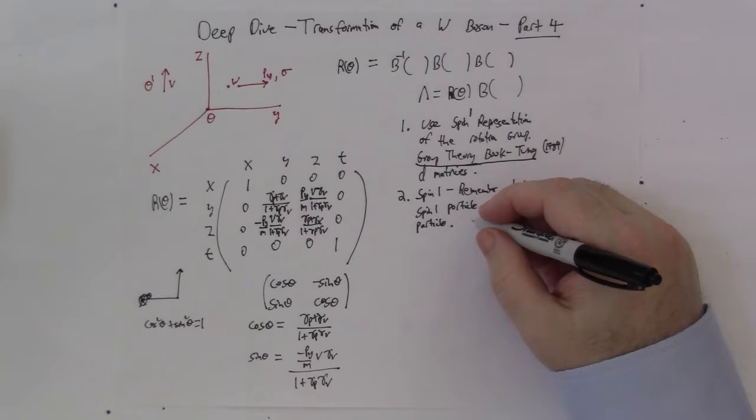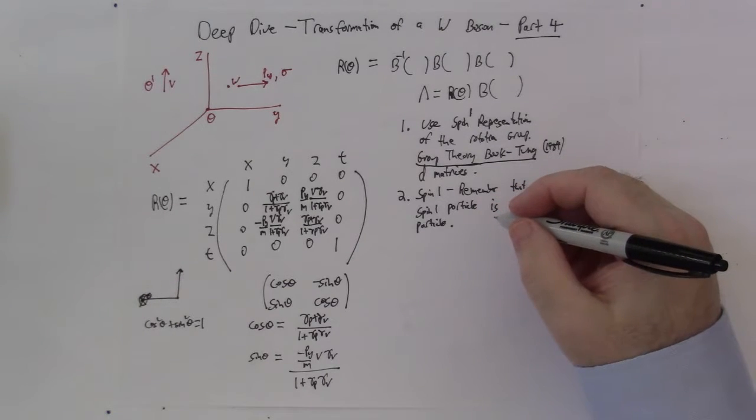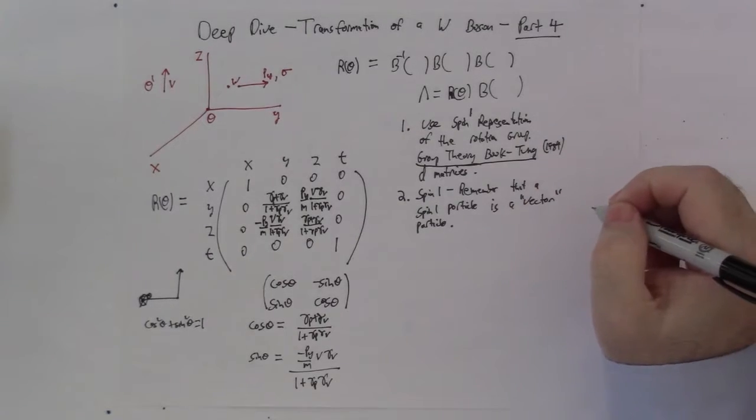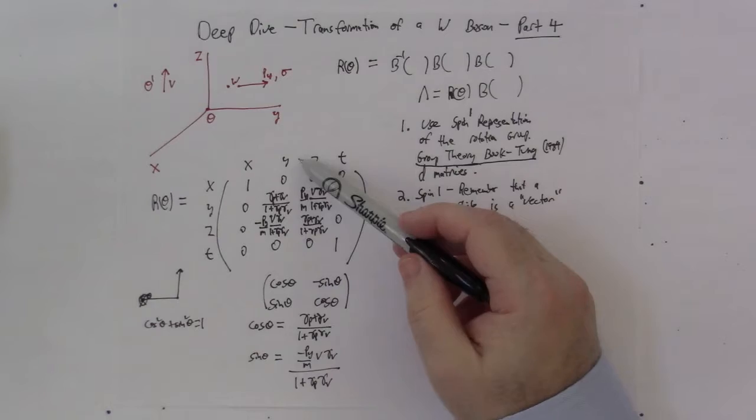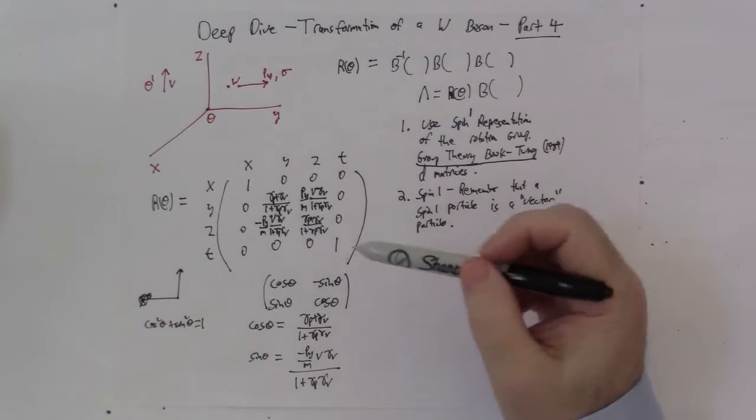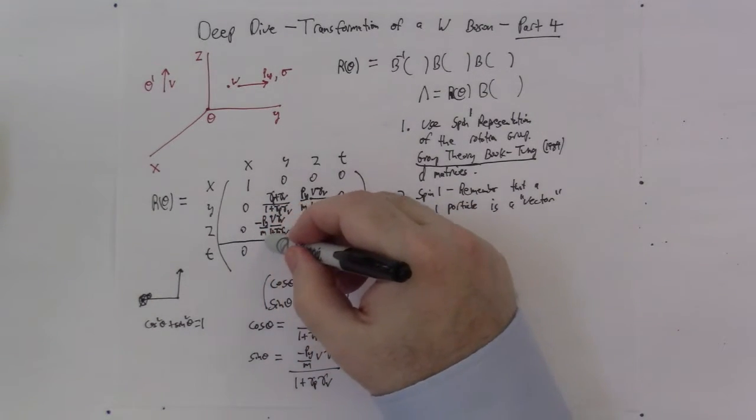So now, there's only one thing you have to be careful about, if you're going to use this matrix, this is in a Cartesian form, x, y, z. So now we don't have to worry about the time part.